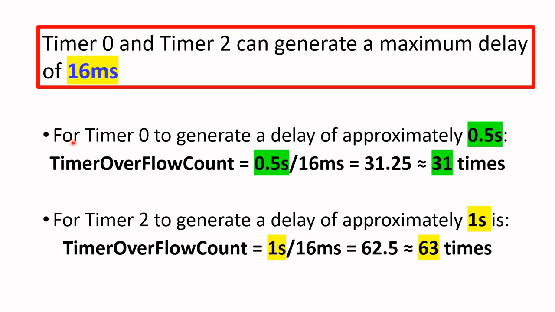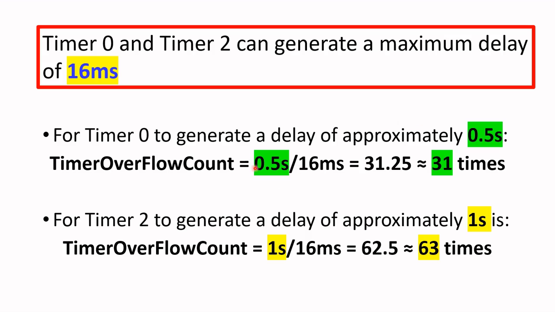So let's get back to this timer 0. Now, for timer 0 to generate, let's say, a delay of 0.5 seconds, what I need to, as I mentioned earlier, is set up a variable called timer overflow count. You don't have to use this name. You can use any other name for the variable.